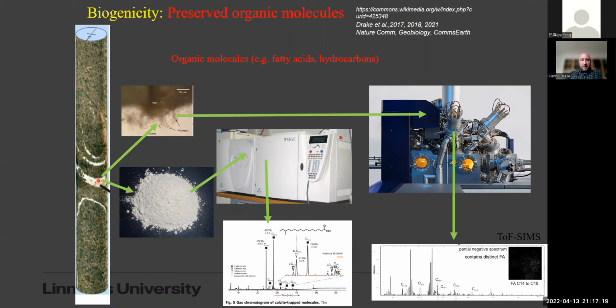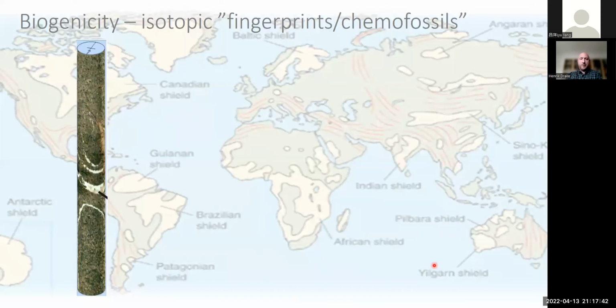So we can take the vein, and either dissolve it and get GCMS chromatograms, or we can do time-of-flight SIMS. We have done both. This is more of a surface technique that we can go in situ with. So we get these peaks for different fatty acids, for instance, that are diagnostic for different metabolisms, more or less.